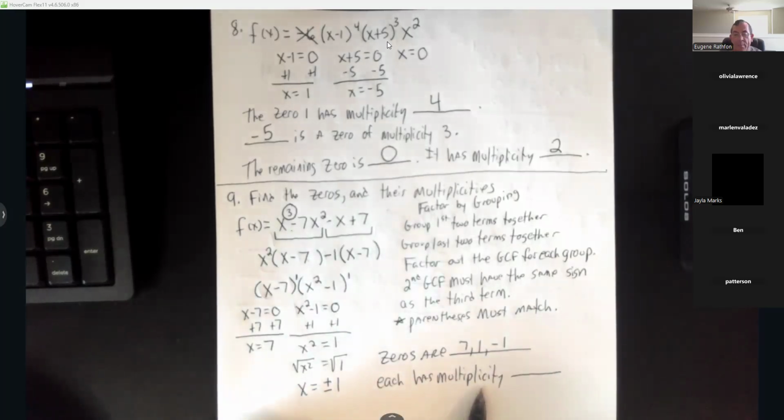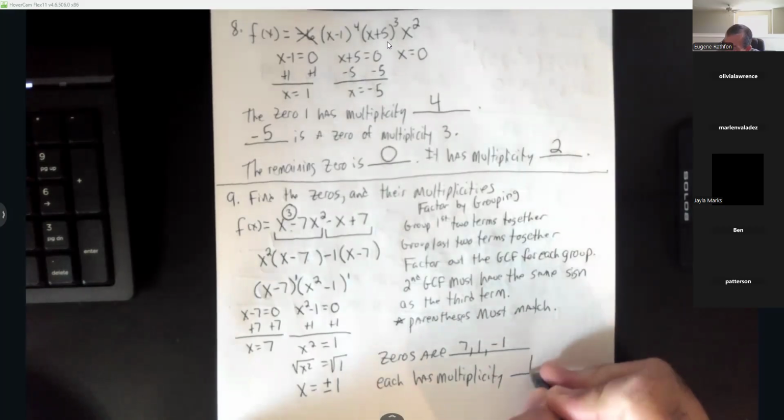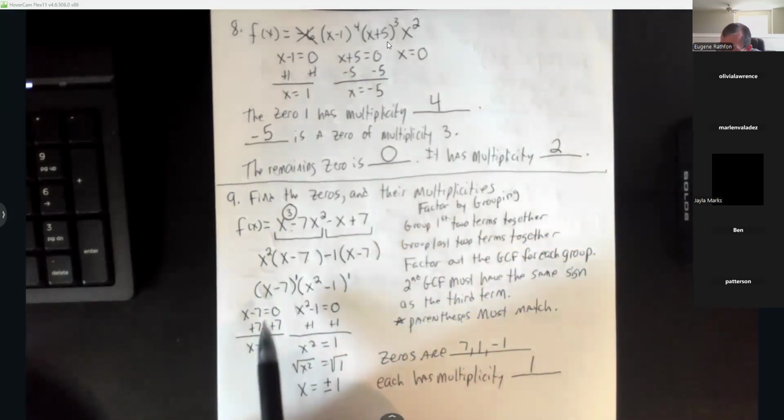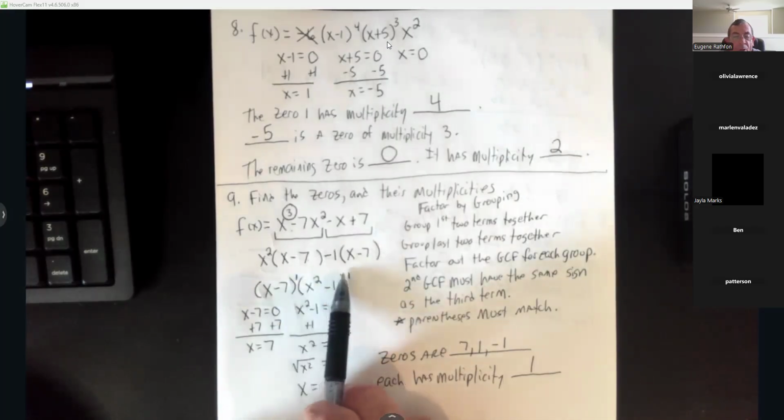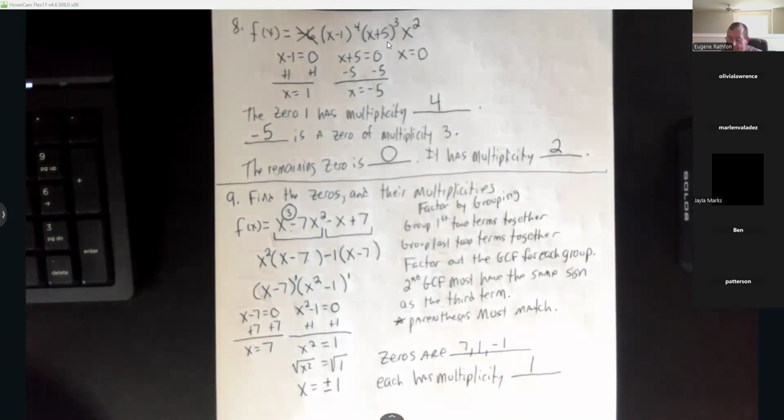And then each had a multiplicity of 1. So once you get it down to the parentheses like this, if there's no exponents, you got to put a 1 there, okay? And y'all, number 10 is just like that one, so you'll get to see me do another one of those, okay? They're sort of tricky doing these 4 terms, but we'll get y'all there.